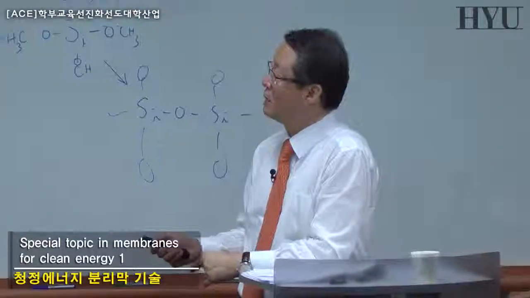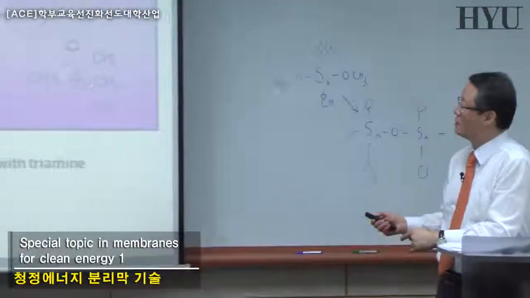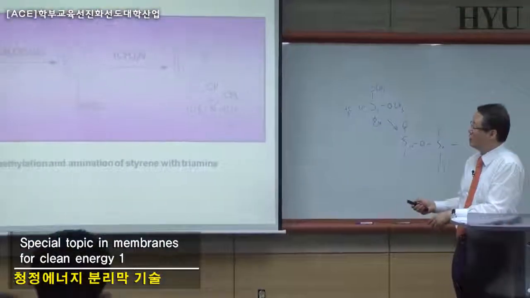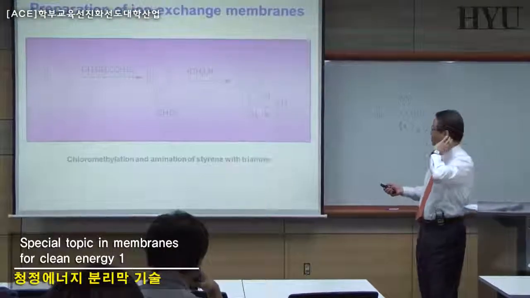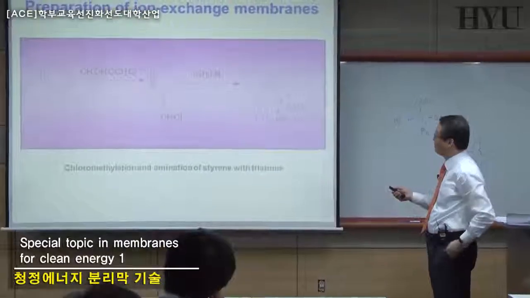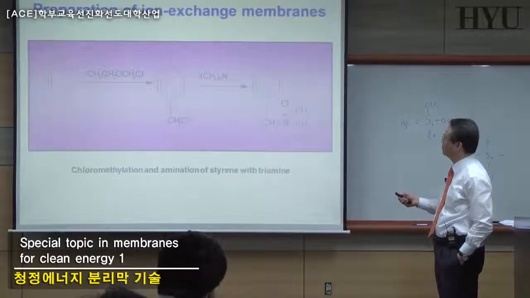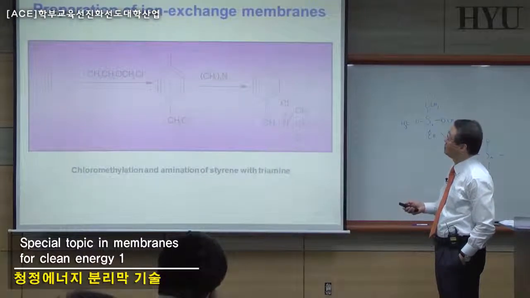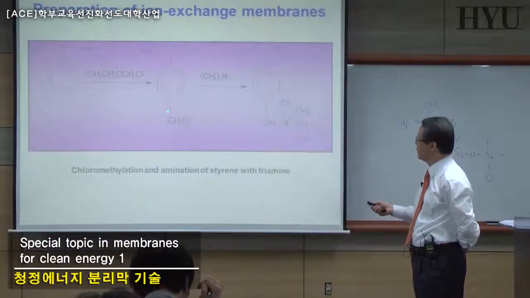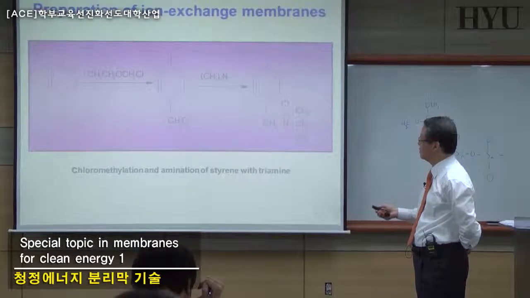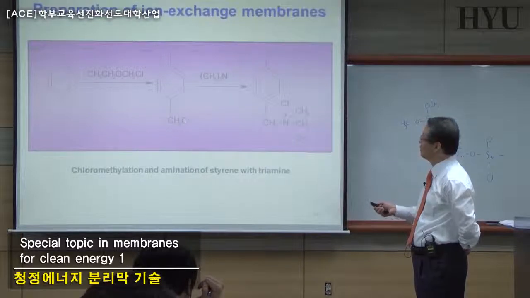This is another example of making the AEM, anion exchange membrane, containing a trimethyl ammonium group. First of all, usually they have to get the methylene chloride group on the para position.